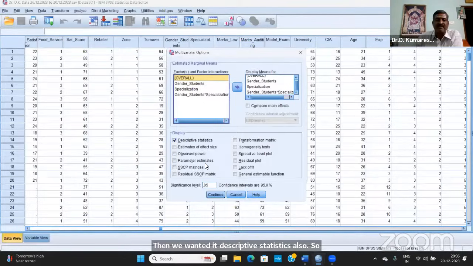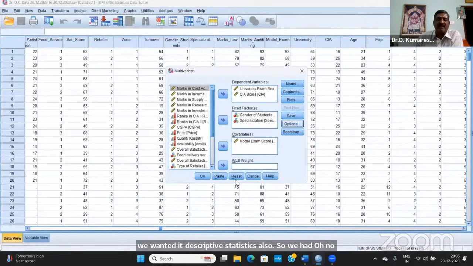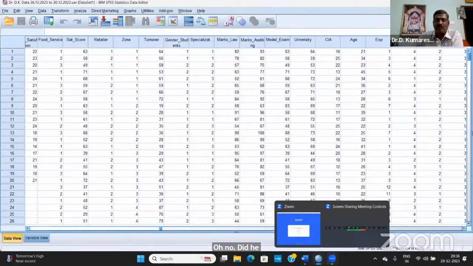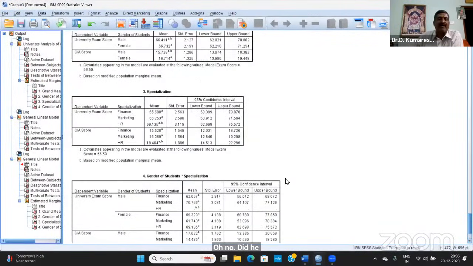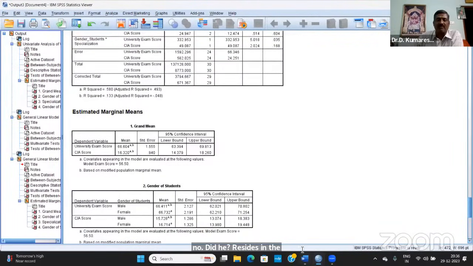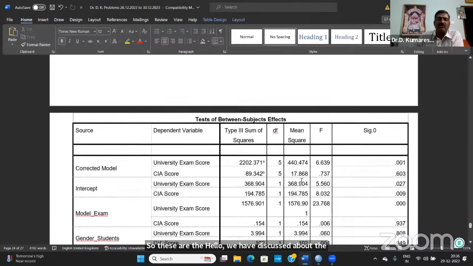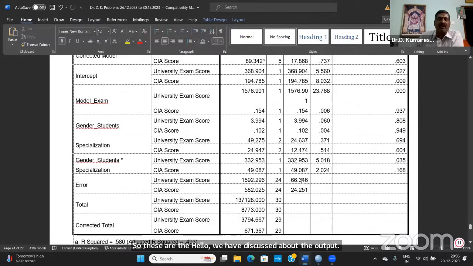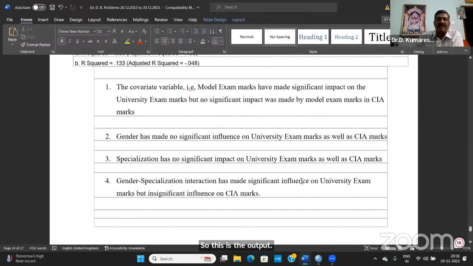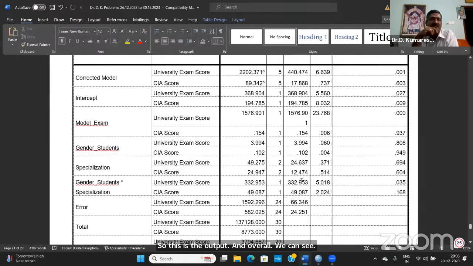So we had gathered the results in the output file. So these are the output. Already we have discussed about the output. So this is the output, and overall we can say that the model has influenced the university exam marks, but not the CAA marks.